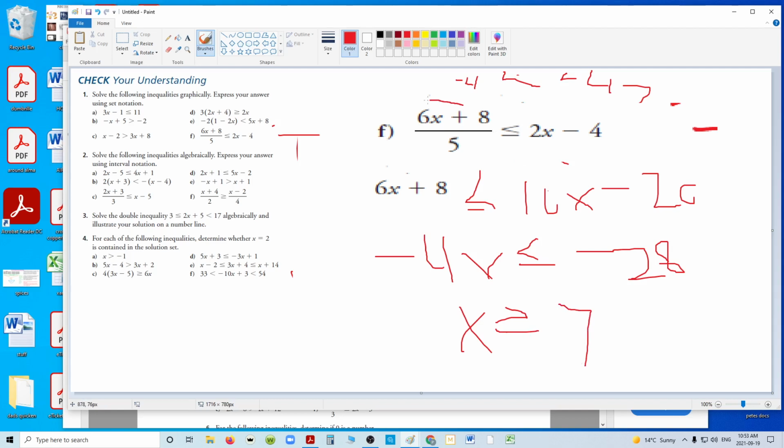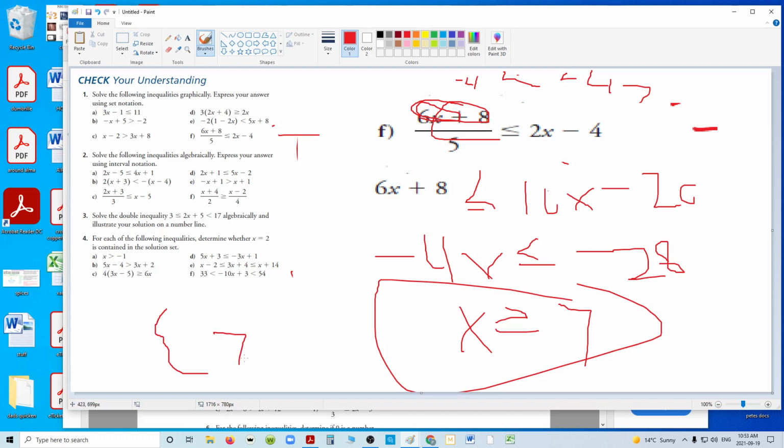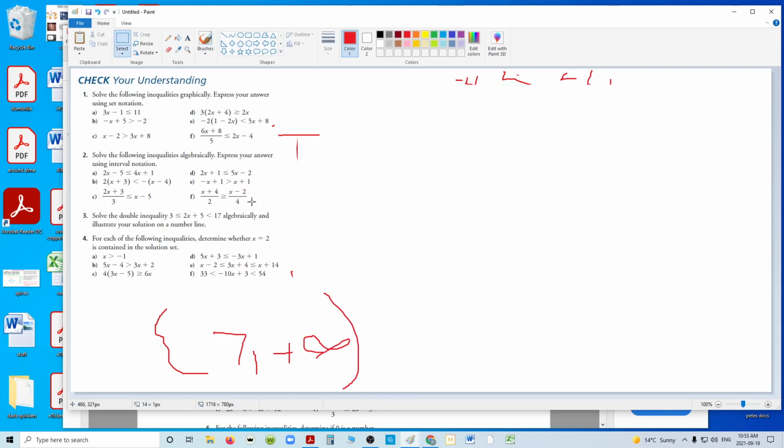Now when you go back in here, it should all work out. So I'm going to assume that's right. So in set notation, I get curly brackets, 7, comma, positive infinity, round bracket. And there, that's how you do number 1.